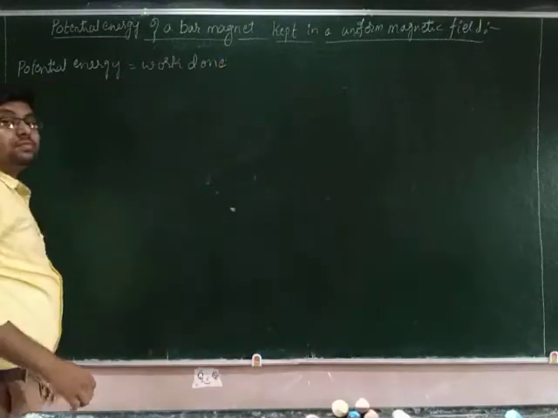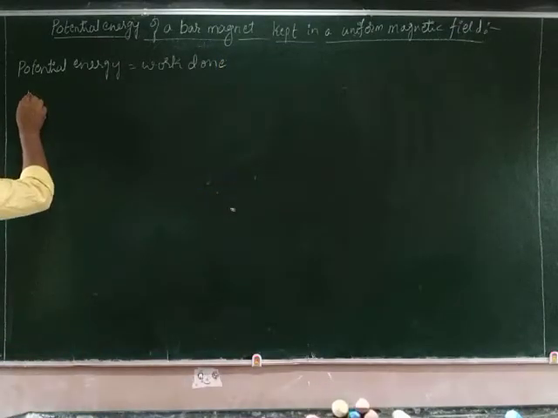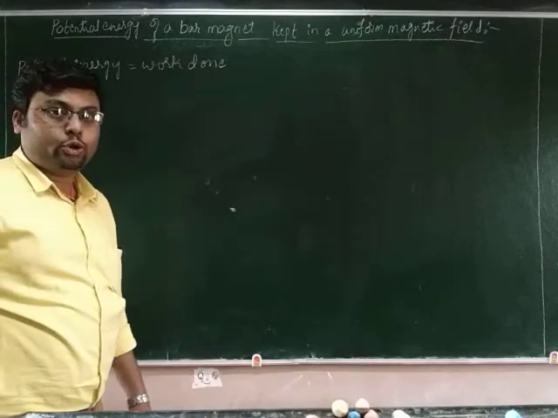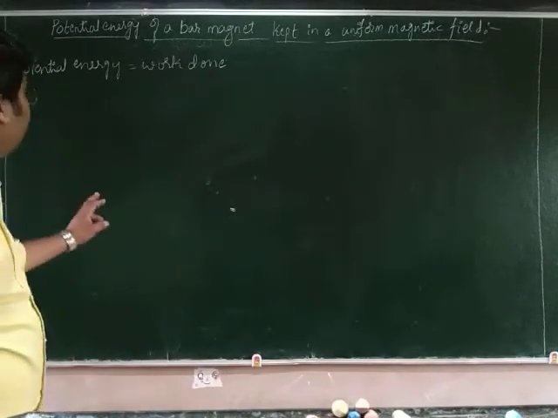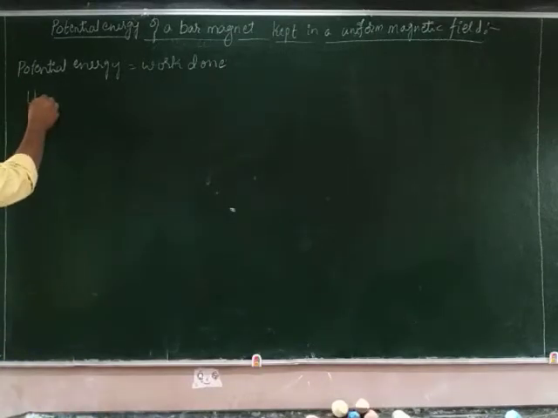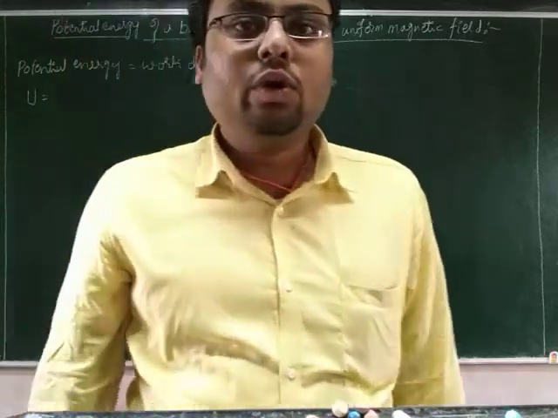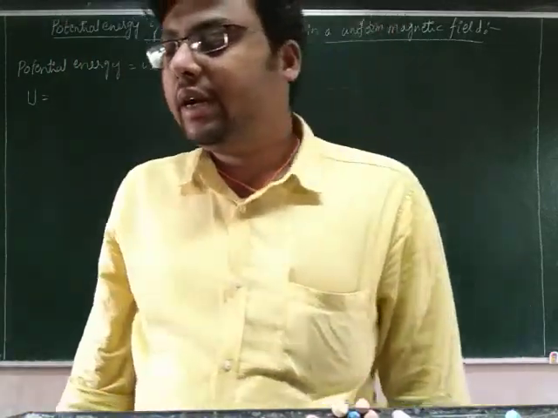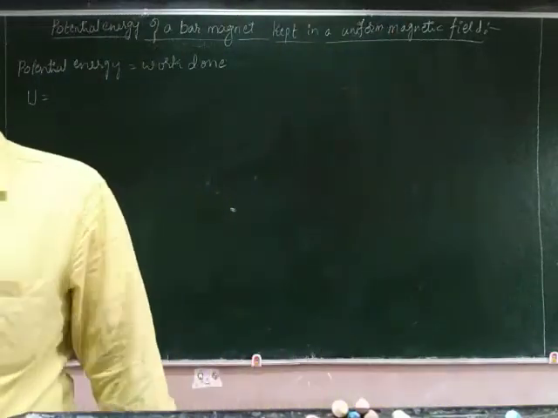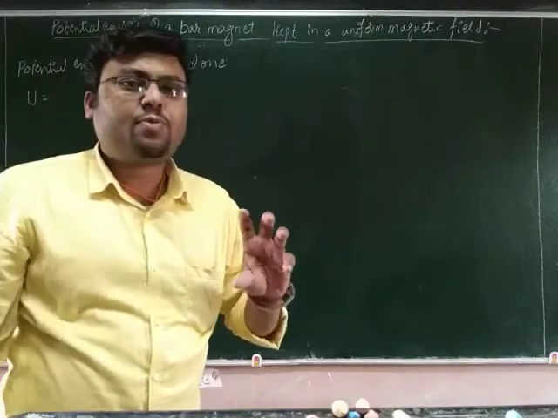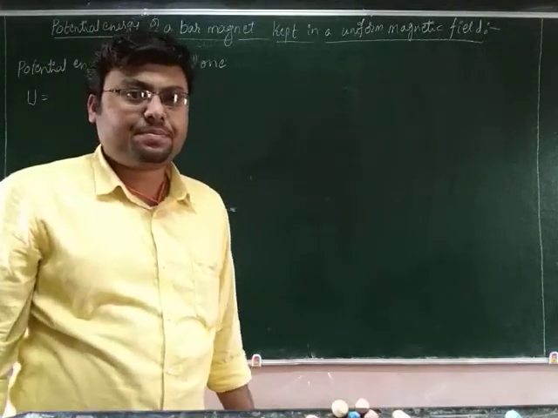Now this potential energy will be represented with the help of U. Which is equal to torque into angular displacement. So first we will consider a small angular displacement d theta.